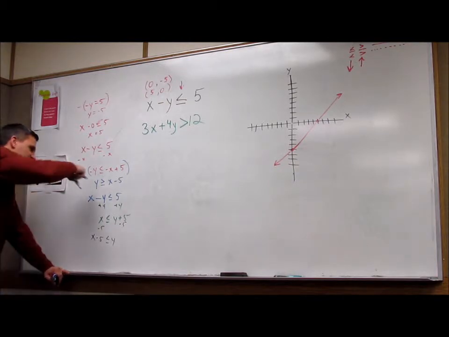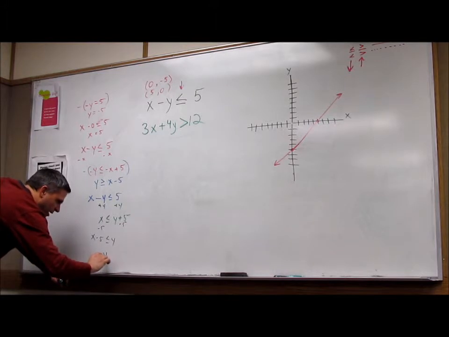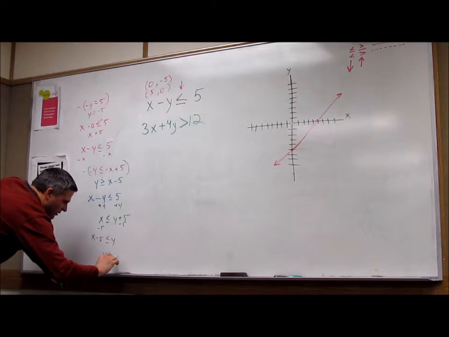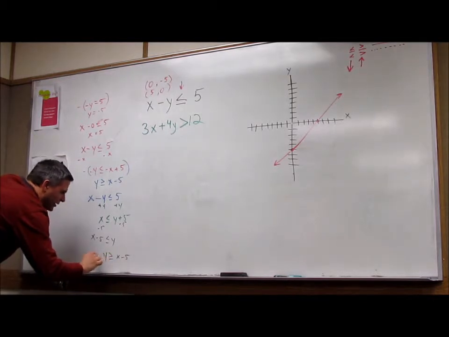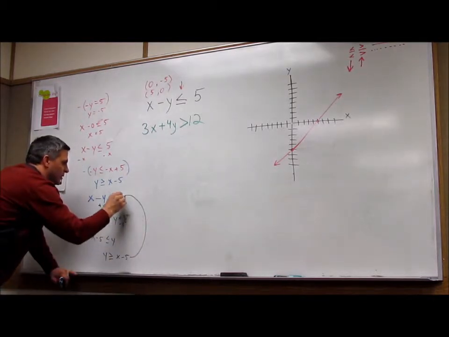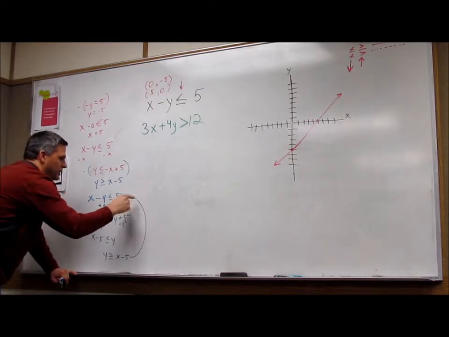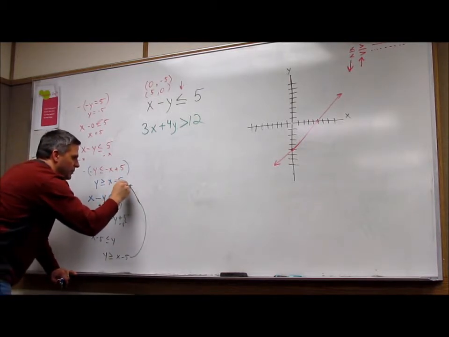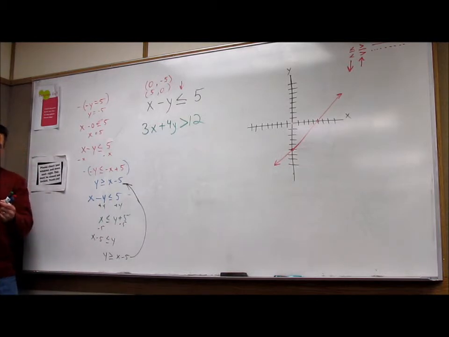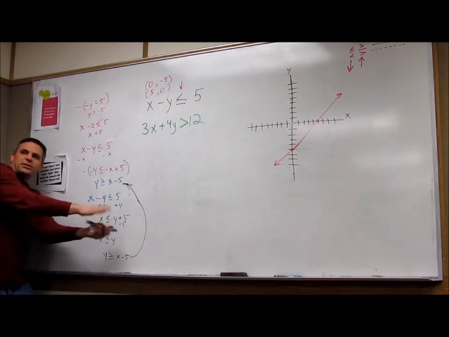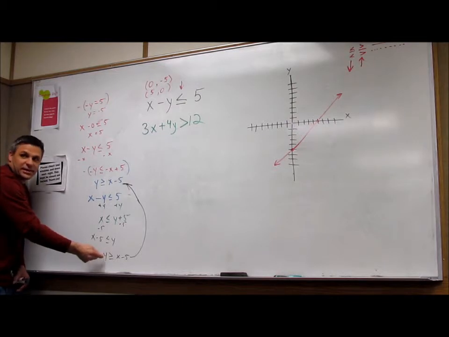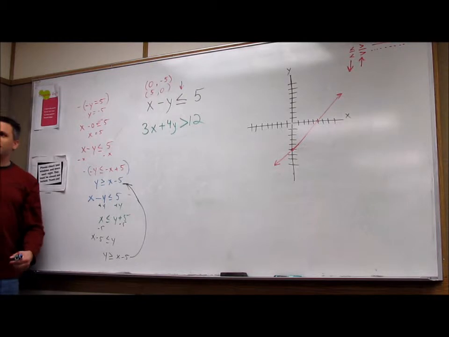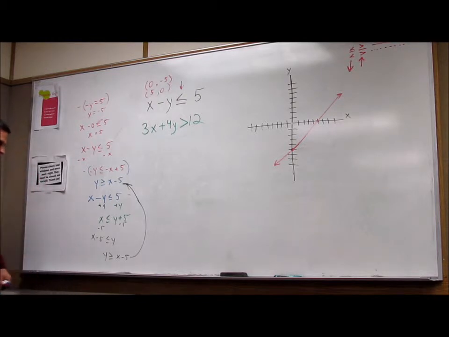But wait a minute, isn't that the same thing as y is greater than or equal to x minus 5, and isn't this and this the same? Because remember, the alligator eats the bigger number? The alligator still eats the bigger number. I just put that number on the other side because I wanted to make it look like y equals mx plus b. So that's why we flip the sign.